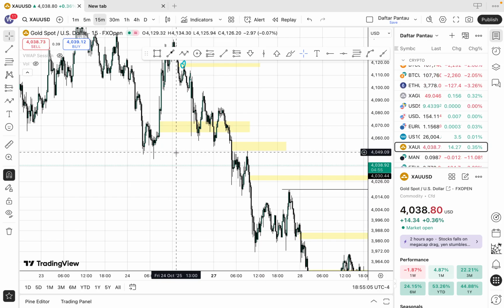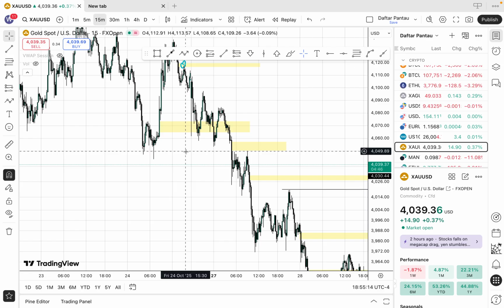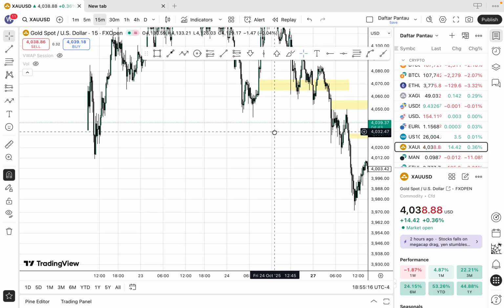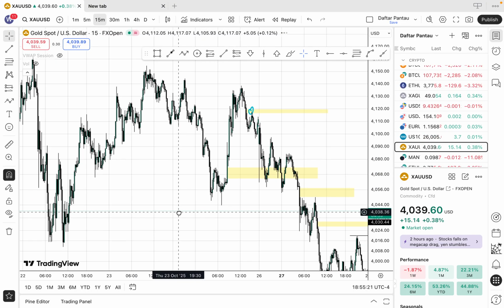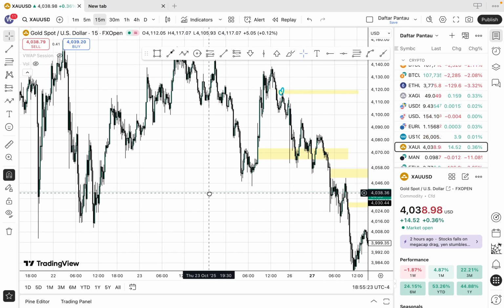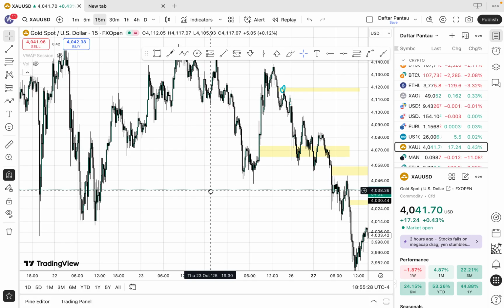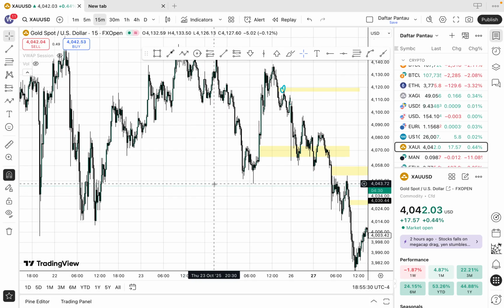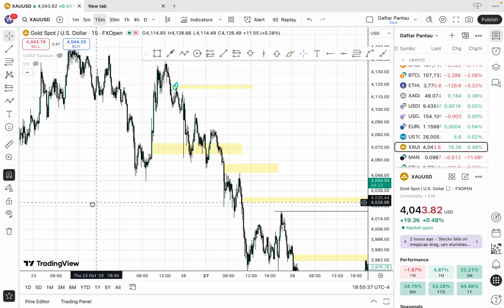Where the price is making higher highs and not breaking the higher low, that is a bullish condition based on the market structure. In the other case, where the price is making lower lows and not breaking the lower high, that indicates the market is actually bearish, right?